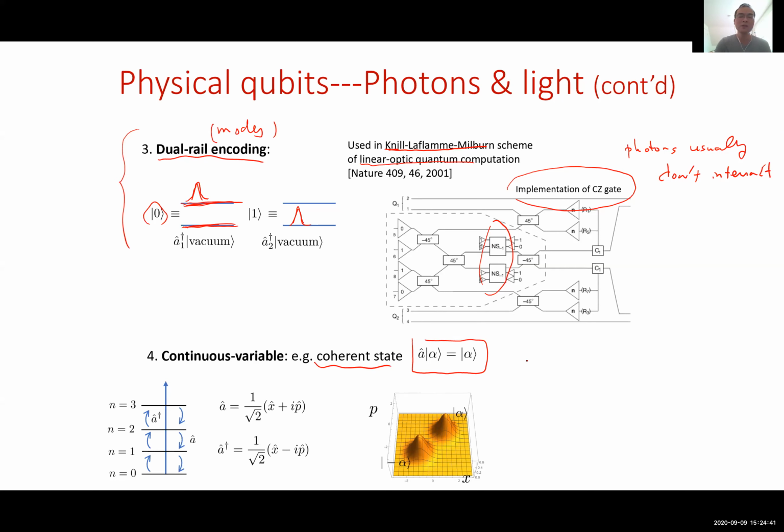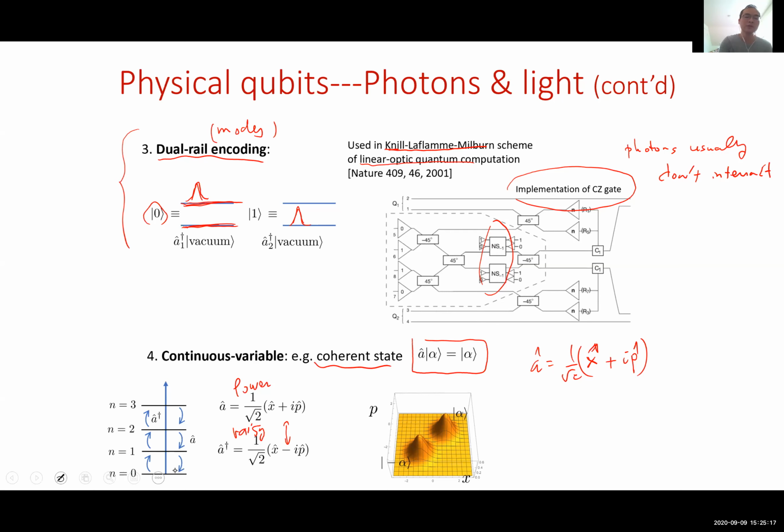So A, if you have learned quantum mechanics, you will recognize that A can be written in the position operator and momentum operator in this combination. And this is called the lowering operator. And its conjugate is called the raising operator. They just differ by a minus sign here. What you can imagine is there's a ladder, and n represents the number of photon states.